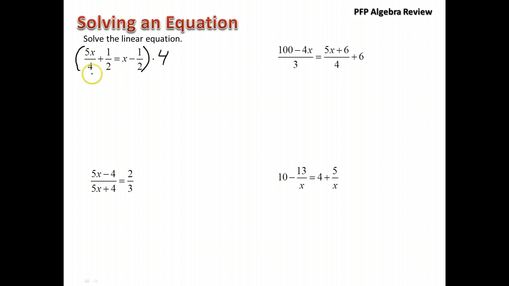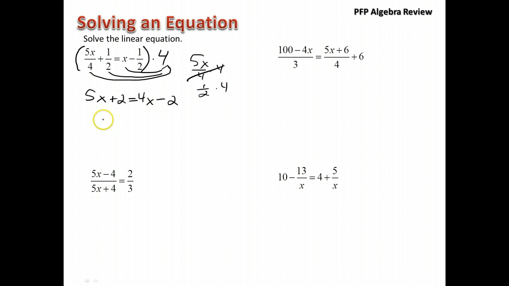5x over 4 times a 4 is a 5x. 1 over 2 times a 4 is a 2. Then we have our equal sign, and then we have 4x, and then minus 2.